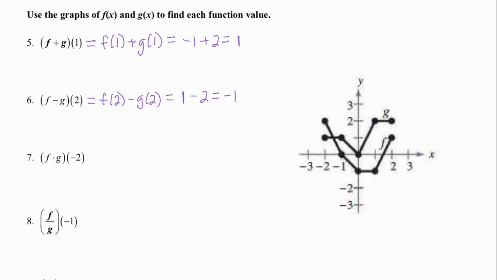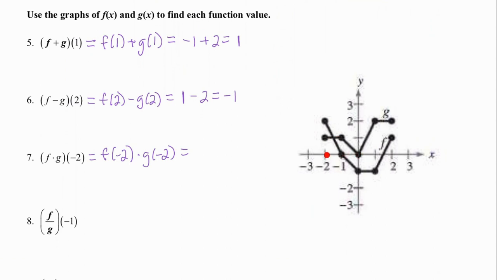Okay, we can also do this with multiplication. So f times g of negative 2 would be f of negative 2 times g of negative 2. So this time we're going to negative 2 in the x direction. You do need to be careful because sometimes, like we see here, our graphs switch from being on top to being on bottom. So we need to be careful with that.